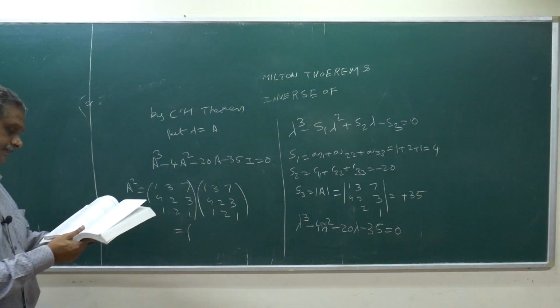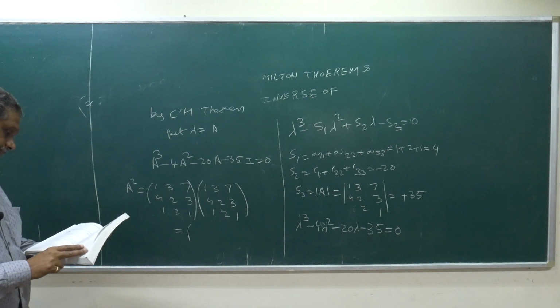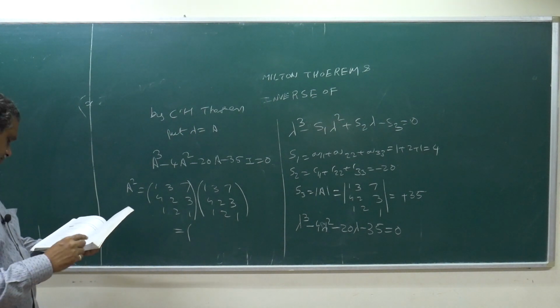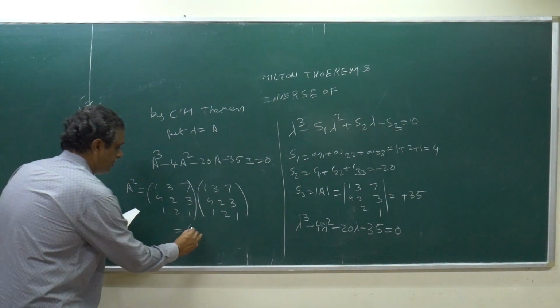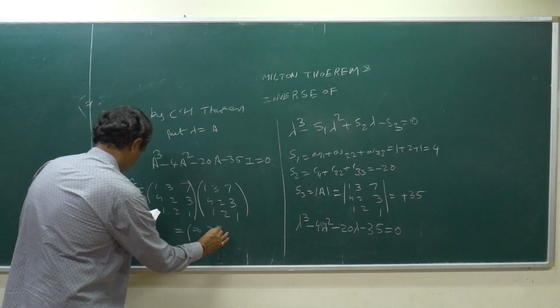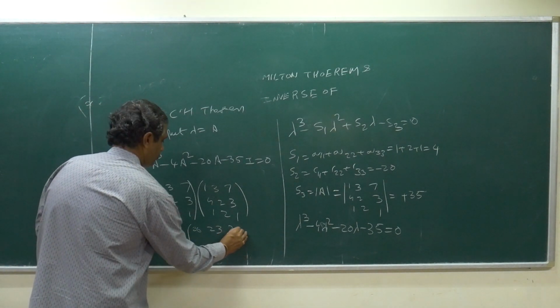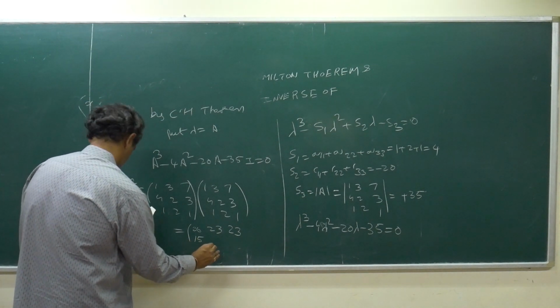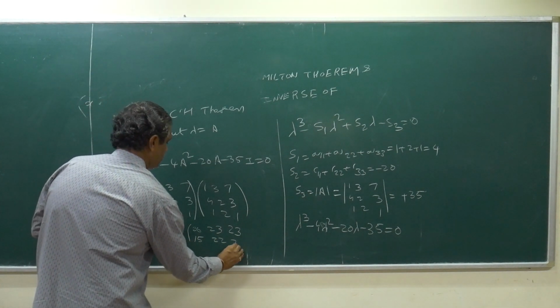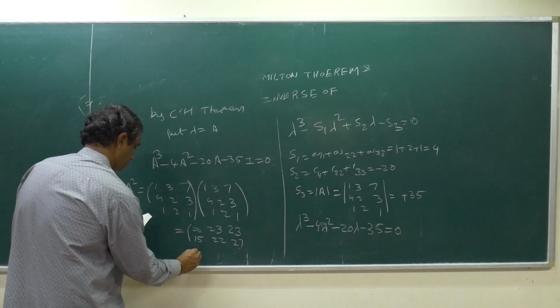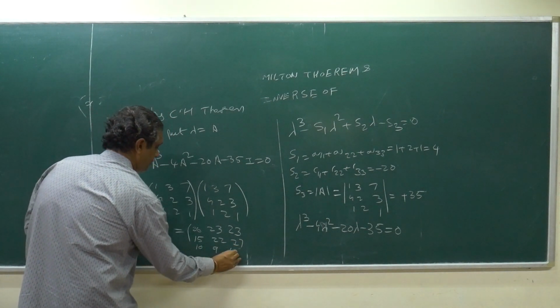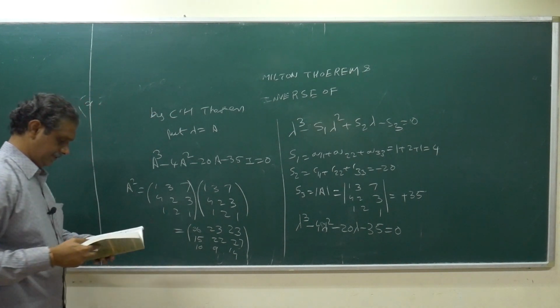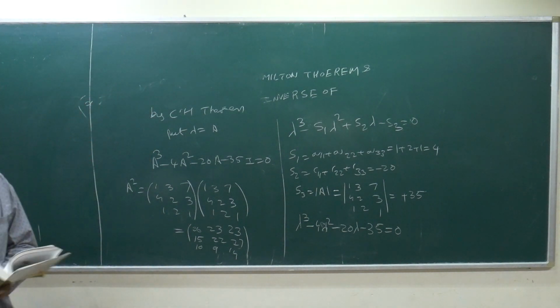Matrix multiplication, then A square is equal to 20, 23, 23; 15, 22, 27; 10, 9, 14. Just check yourselves. Once I get A square, I will do A cube.